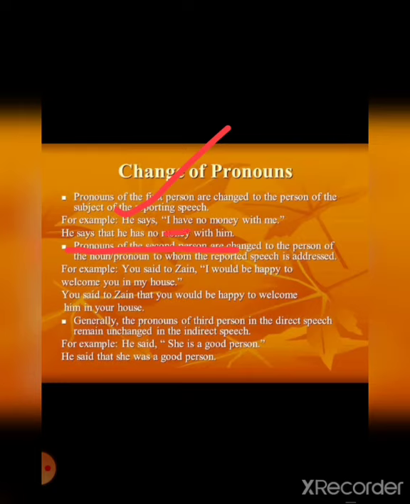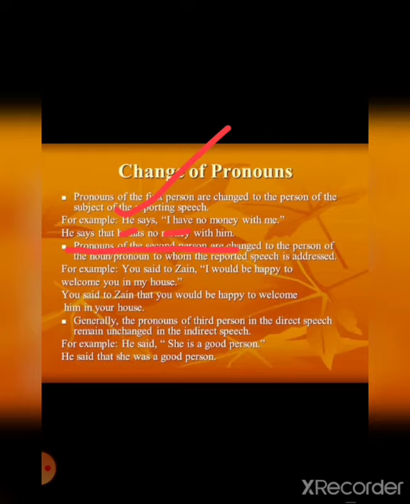So, I have no money. Here, I. Who is I over here? Who is talking? He is talking. So, obviously, he will not be referring to you as I. He will not be referring to me as I. So he will be referring to himself only as I. Okay, so he says I have no money. That means he says that he has no money.